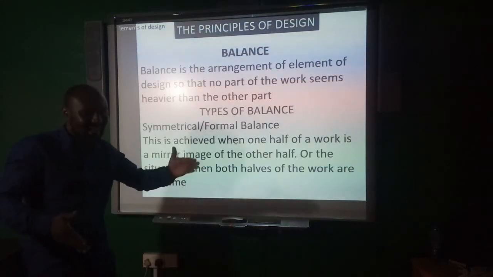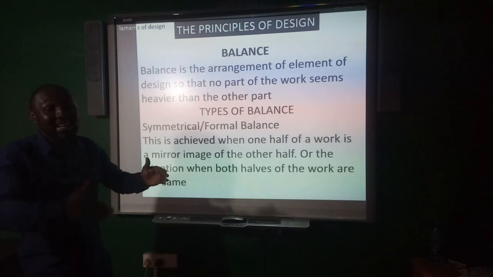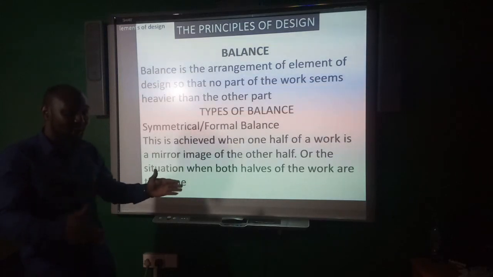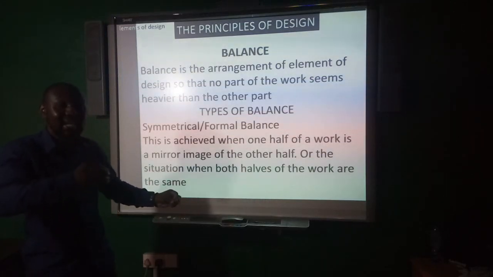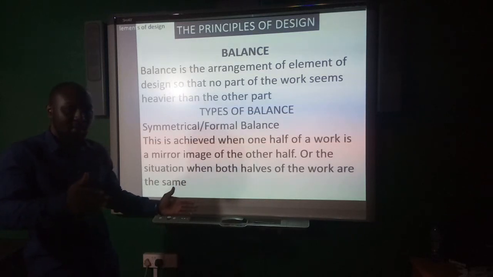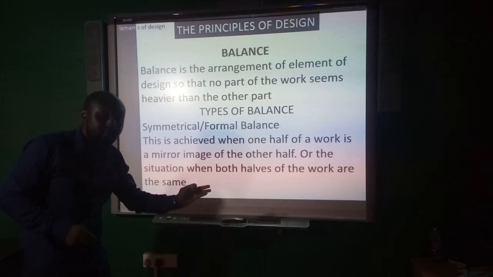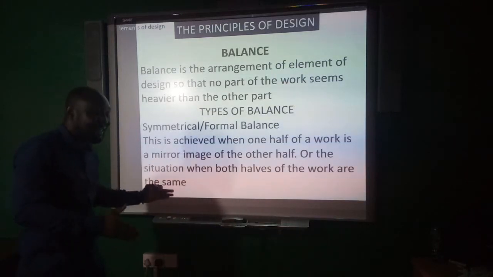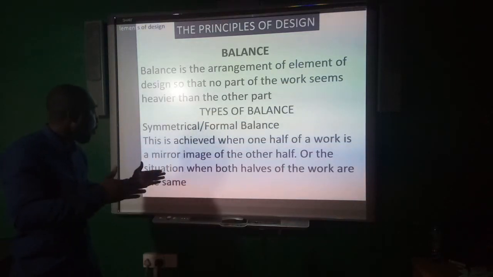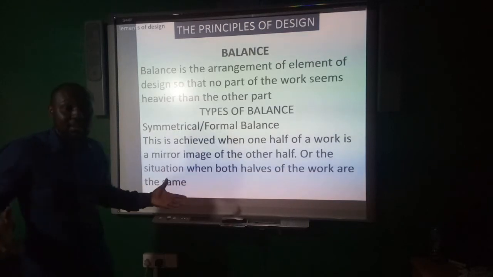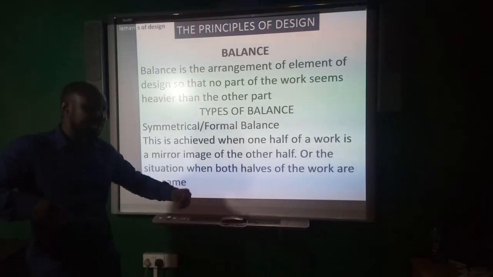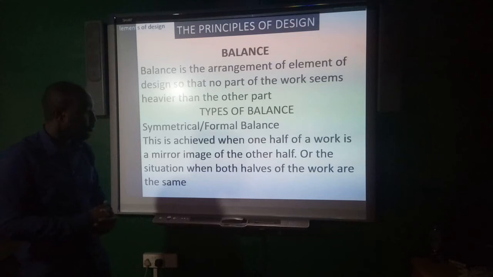One is not heavier than the other. One is not bigger than the other. If it happens that one is bigger and heavier than the other, the table will not be stable. But for the table to be stable, one half should mirror the other, meaning that both halves of the work are the same.